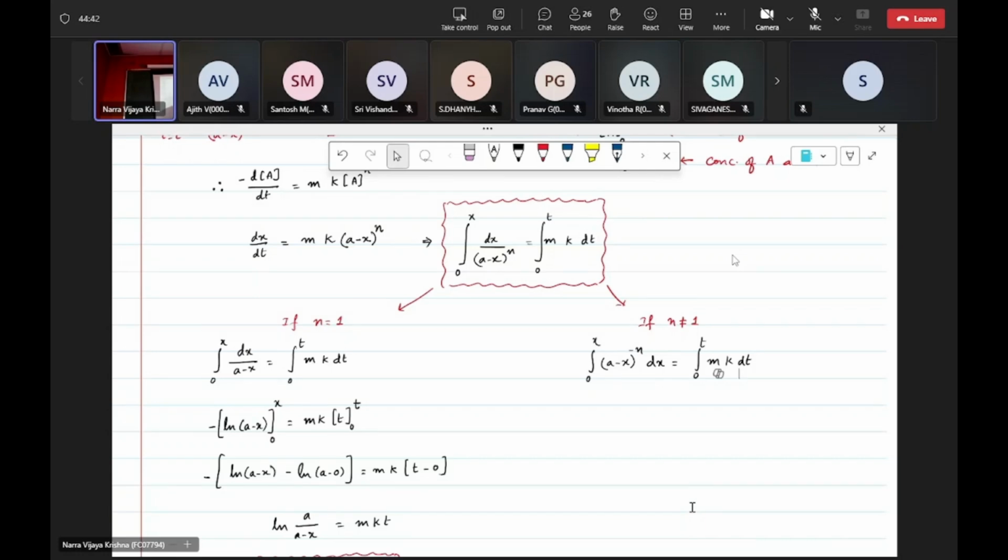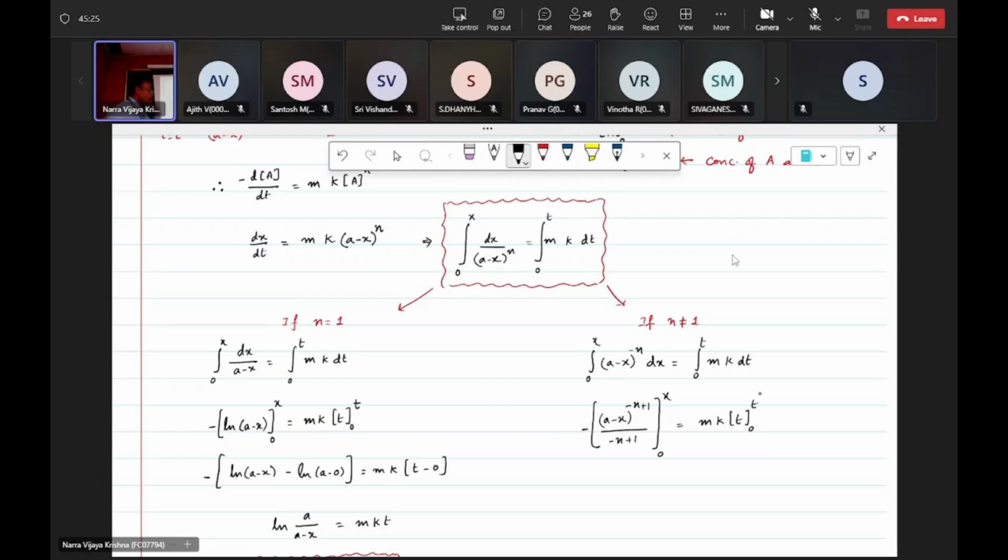It is that term power minus n plus 1 upon minus n plus 1, and the differentiation of this term is minus 1. So minus 1 into a minus x power minus n plus 1 upon minus n plus 1, between the limits 0 to x, equals m k t between the limits 0 to t.